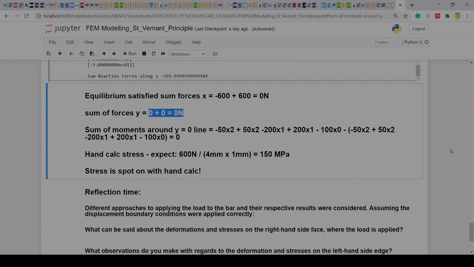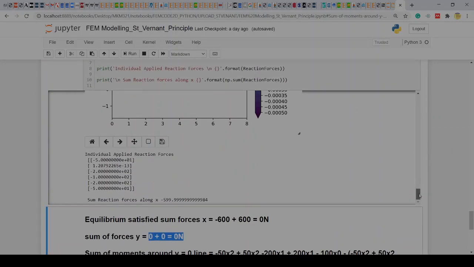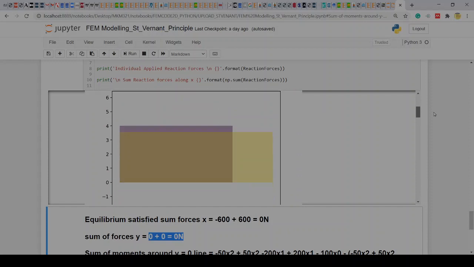And what sufficiently far away means is really a function of geometry, etc. There are definitely some good guidelines on what to look at.